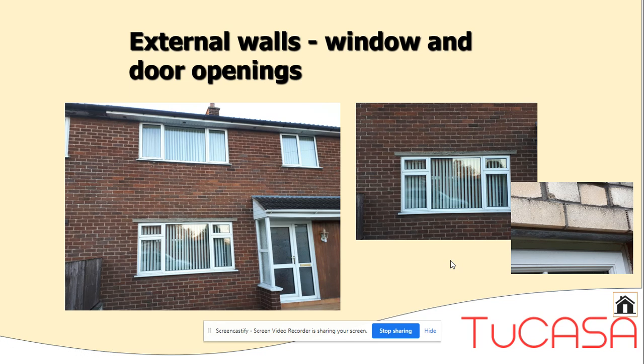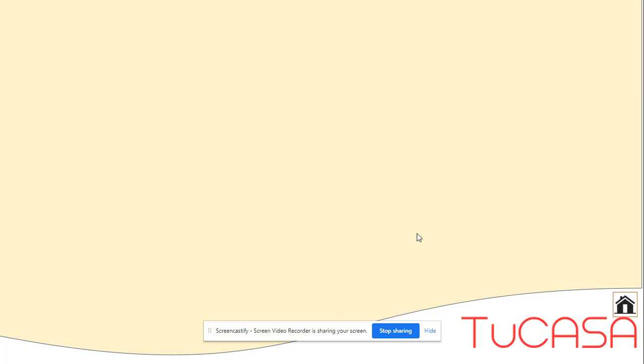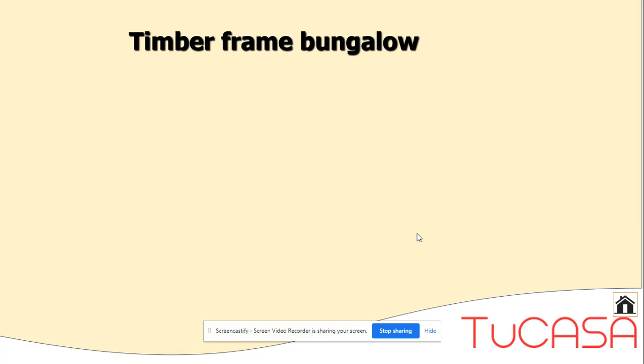We don't generally like to see lintels expressed on the outside. In older properties like the Victorian property I showed earlier, you'll find sort of hidden timber bressumers, that were called, or possibly stone beams spanning the openings in order to distribute the loads down to foundation level.